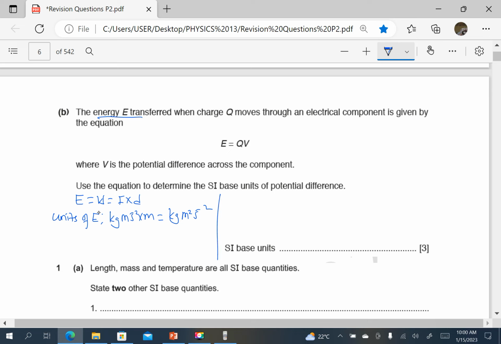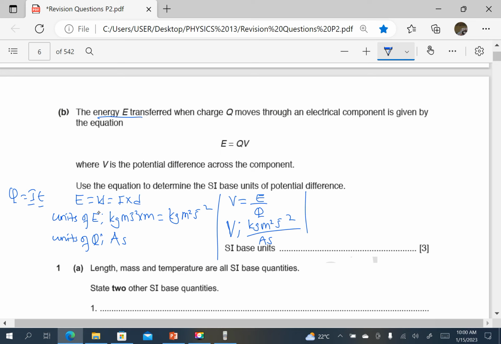And then Q is charge. The unit of charge is I times t. Charge is equal to current times time, so ampere times seconds. So that is ampere seconds. So we are making V the subject. V is going to be equal to E divided by Q. So the units of V will therefore be kilogram meters squared per second squared divided by ampere seconds.